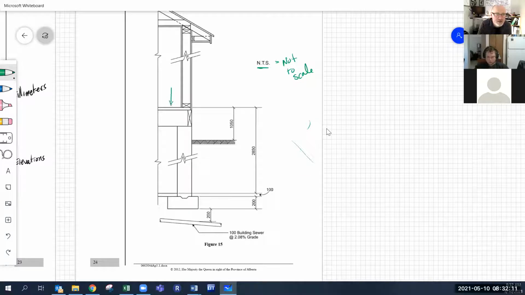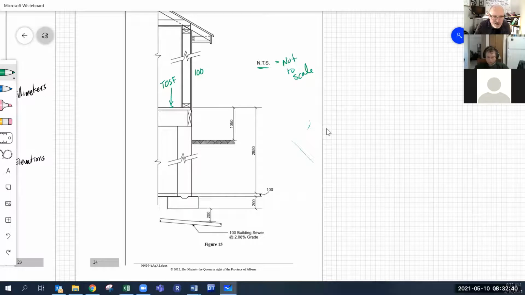This is the top of subfloor right here. And they have an architectural elevation of 100 meters. These measurements are in millimeters. They're all in millimeters, all of those measurements.